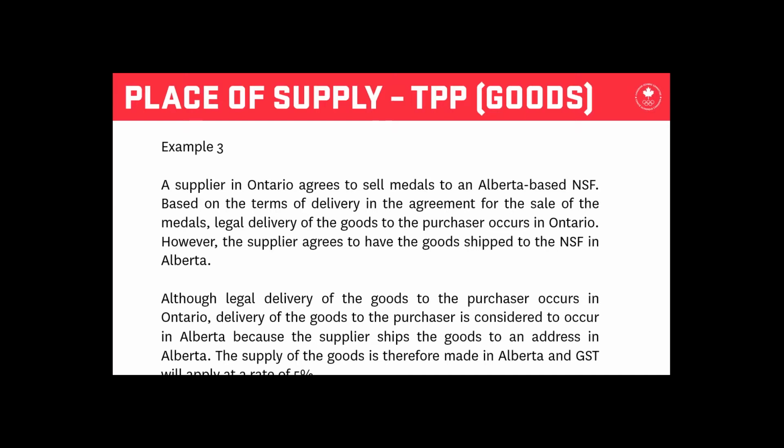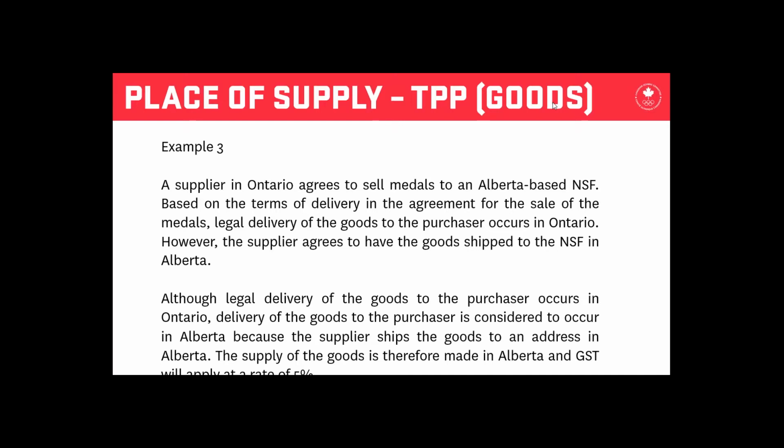And again, although the legal delivery, and that's CRA terminology, of the goods occurs in Ontario, delivery of the goods to the purchaser would then make it default to an Alberta tax rate of 5%. So all in all, I think you'll see that the place of supply rules for tangible personal property, aka goods, is fairly straightforward.